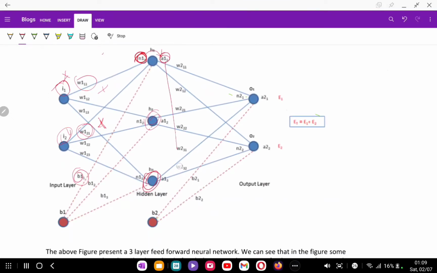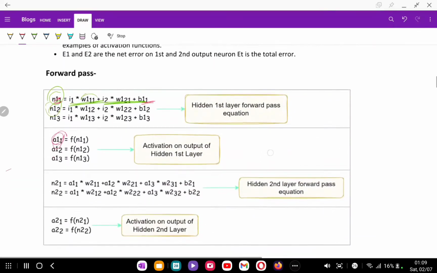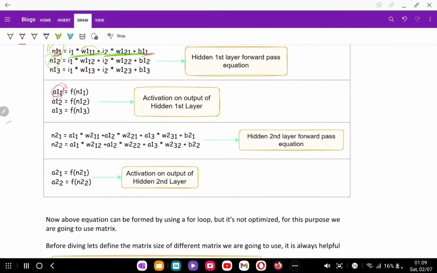Once we have this, the story just repeats. We calculate these values using these inputs, similar to what we did earlier. The equations are similar: all the edges incident on this node are combined.